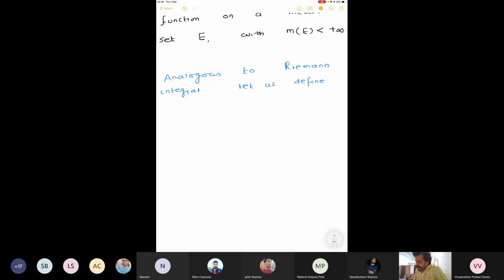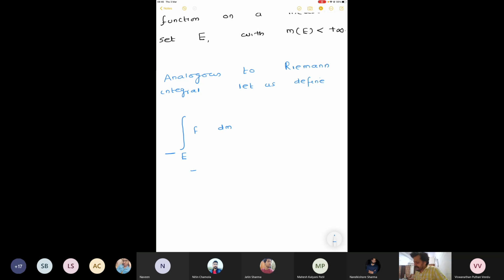Now I am going to define the lower integral of f dm, the Lebesgue integral. So in order to understand Lebesgue, I am writing dm. And similar to Riemann, I will put a bar in the lower. So this is the lower Lebesgue integral.